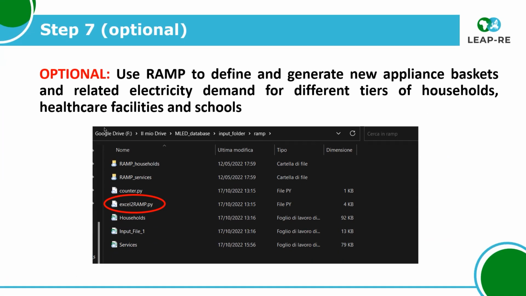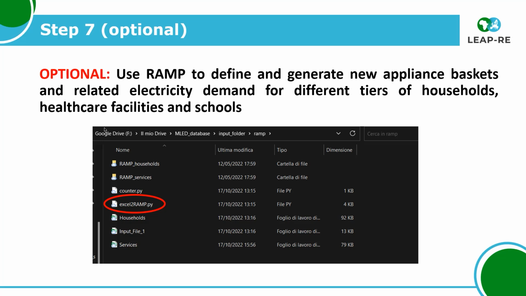To do this, we are providing the RAMP model code and input data in the RAMP folder of the MLED database folder. So there you can exploit this file and these input assumptions to generate the output profiles. This is beyond the scope of this video training, but all the code and documentation are linked and available.